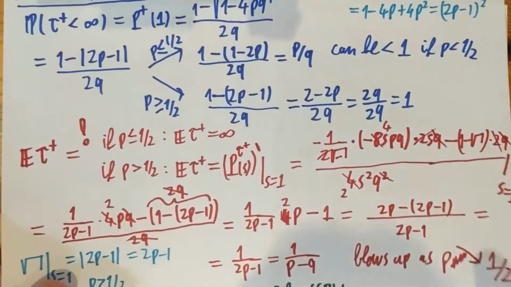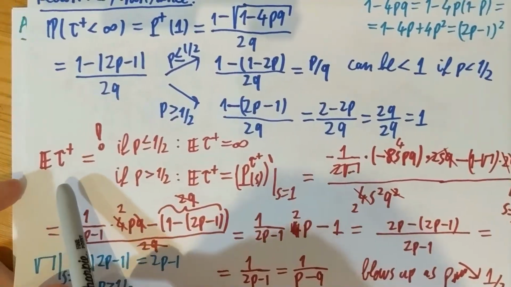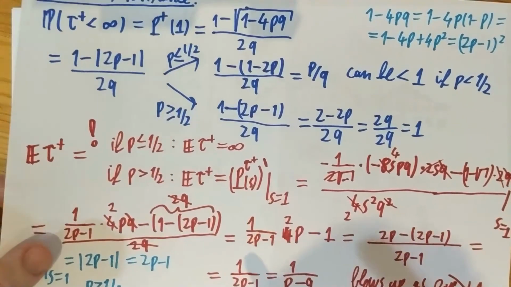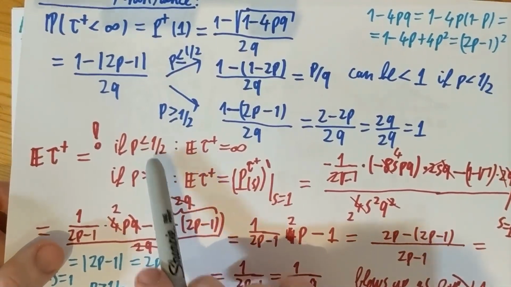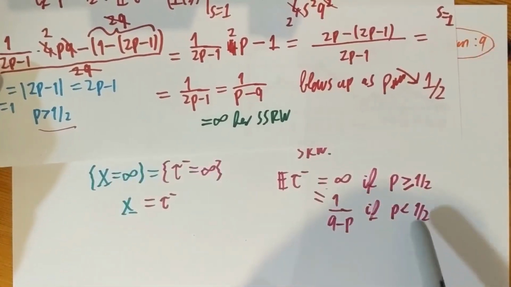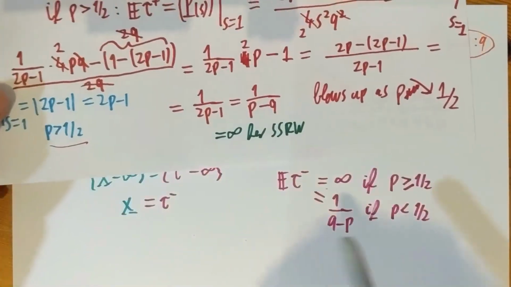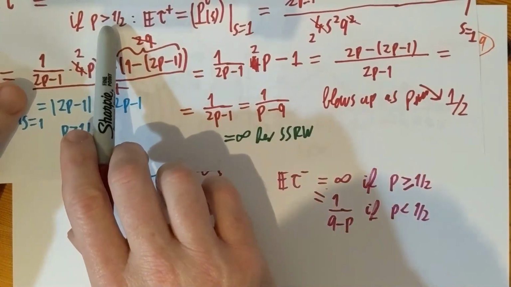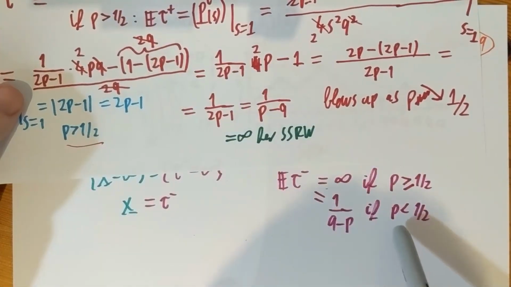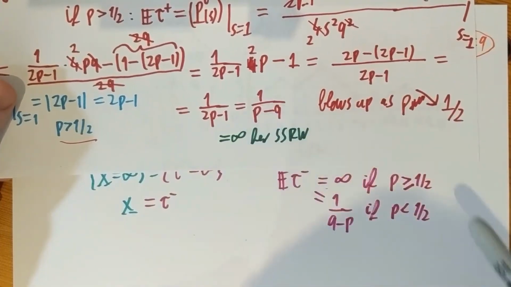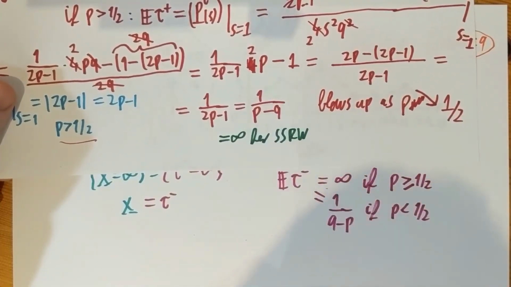So all I was doing is just copying this line, except swapping P and Q. So if P is smaller than 1/2, that's when Q is larger than 1/2 in the new setup, and where P is larger than or equal to 1/2, that's when we have infinite. And if P is larger than 1/2, in the new setup that means smaller than 1/2, then it used to be 1 over P minus Q, now with P and Q swapped it's 1 over Q minus P.